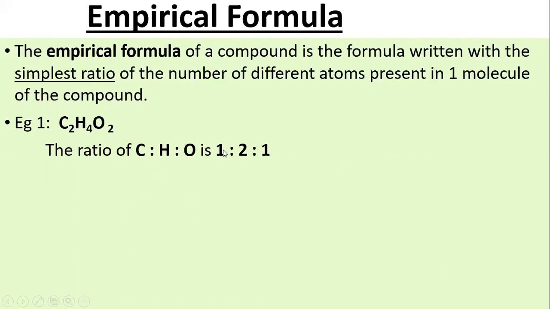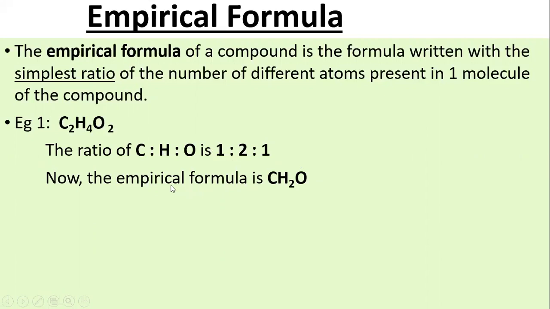So now 1:2:1. Now we'll write the empirical formula. Here carbon 1, hydrogen 2, oxygen 1. So this will be the empirical formula. We are writing the compound in the simplest ratio form. This is said to be an empirical formula.